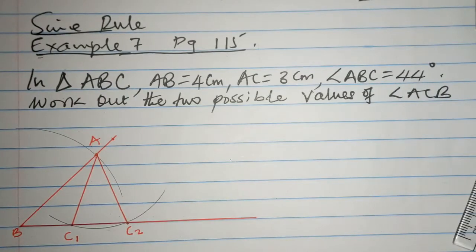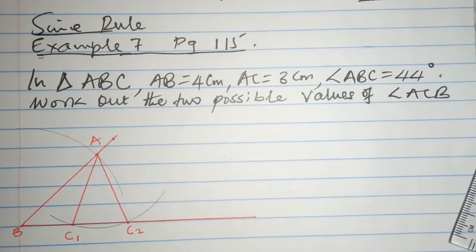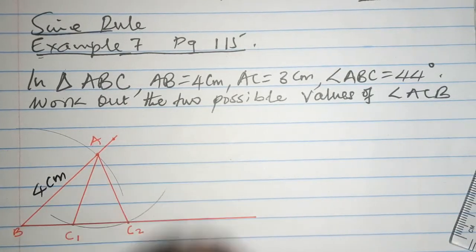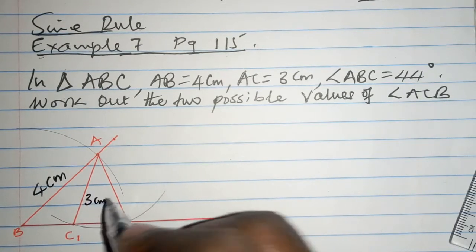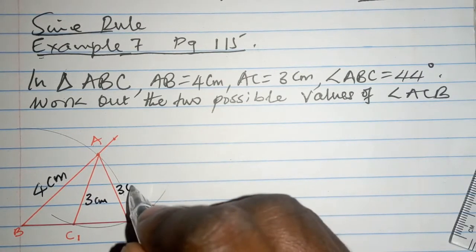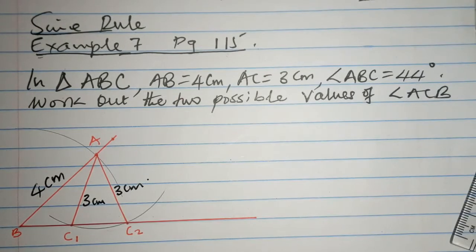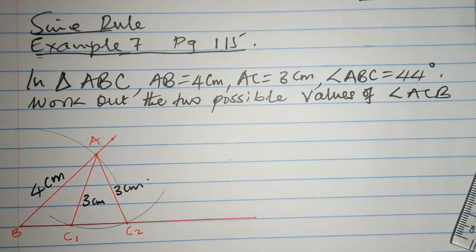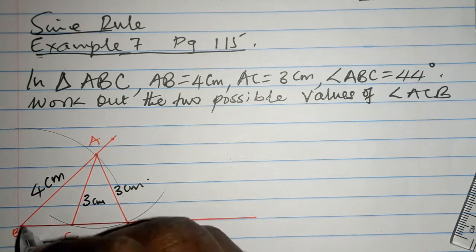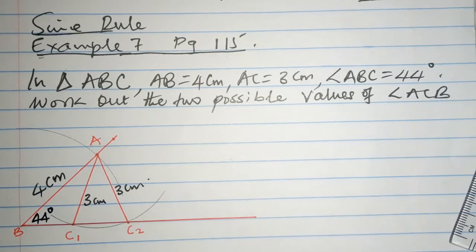So we have triangles AC1B and AC2B. Let us detail up our triangle. AB is 4 centimeters. What about AC? This is 3 centimeters, and this is also 3 centimeters. We have constructed it as you watched. So this is 44 degrees.